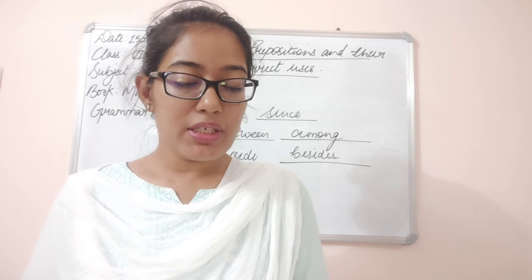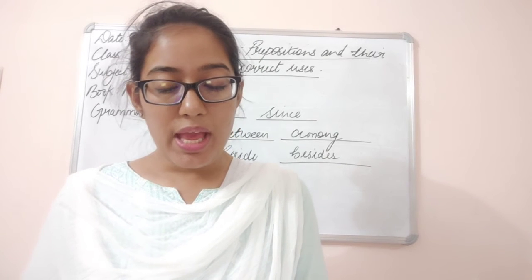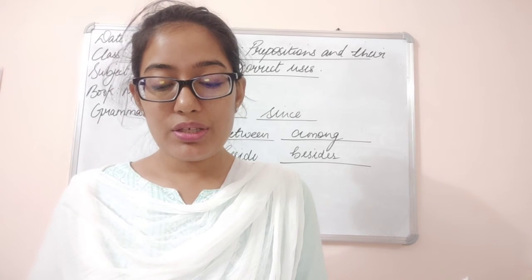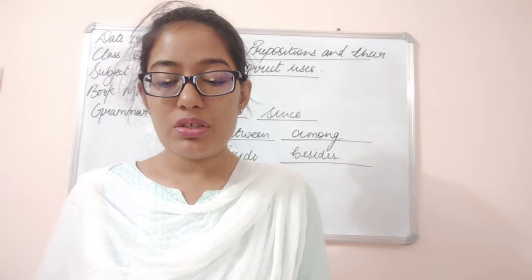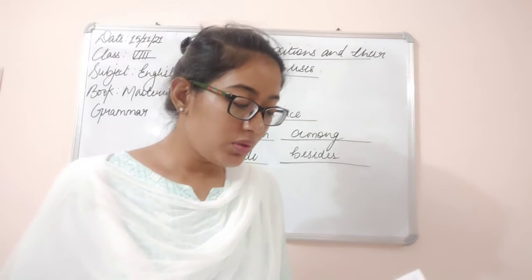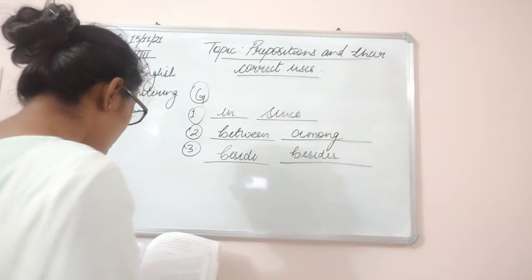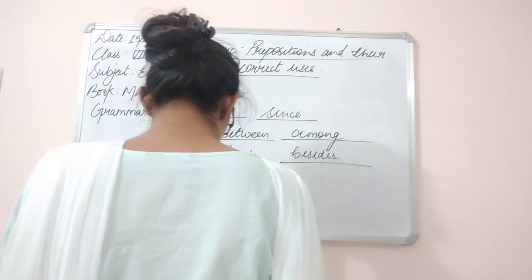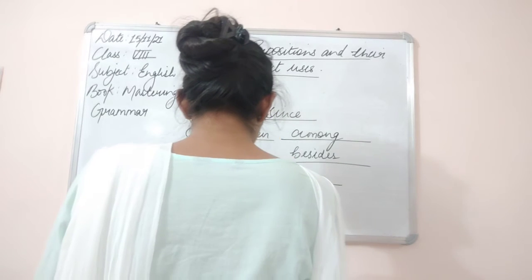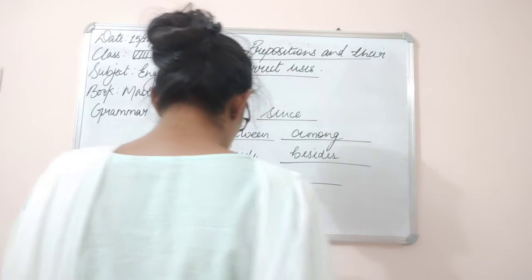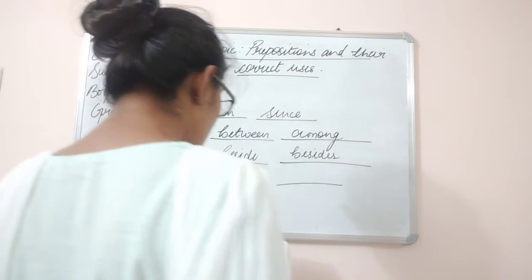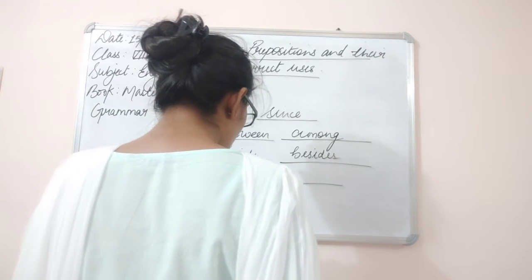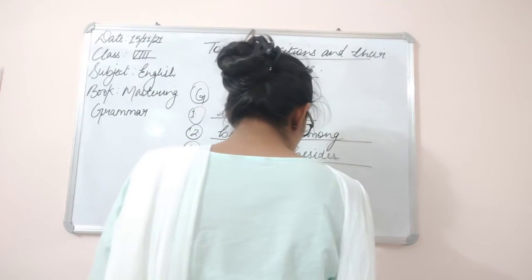Now let's move on to the fourth sentence. Rohan sat dash the horse as he rode up the slope dash his destination. Rohan sat on the horse as he rode up the slope dash his destination.